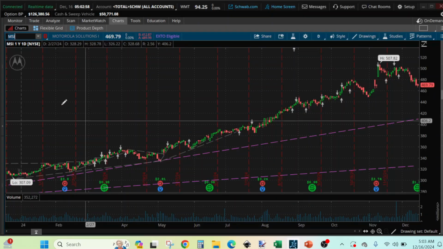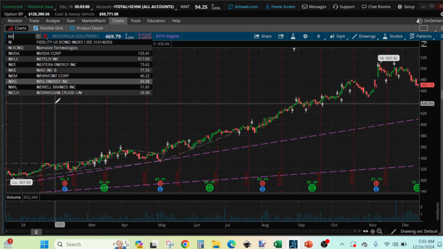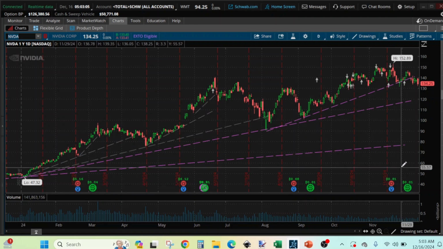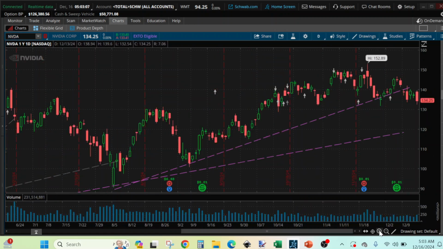NVDA, we bought that one as well. NVDA, we bought it at the trend line, went up a little bit and went down. So let's see if it's trying to come here or not.